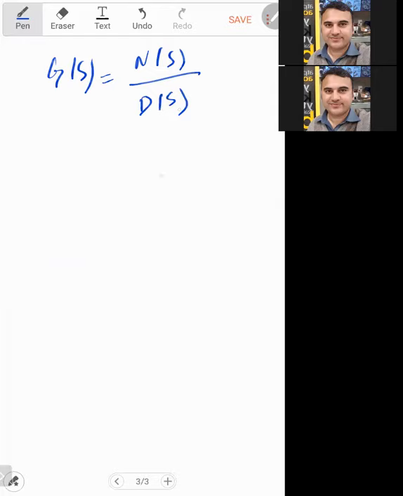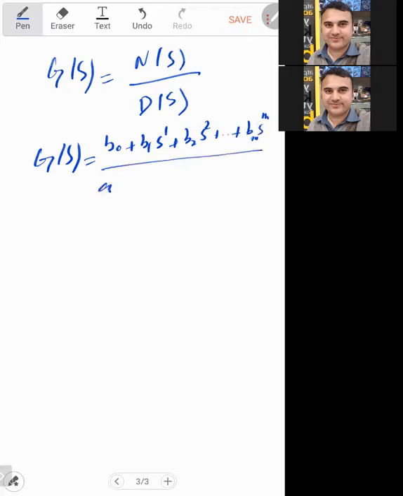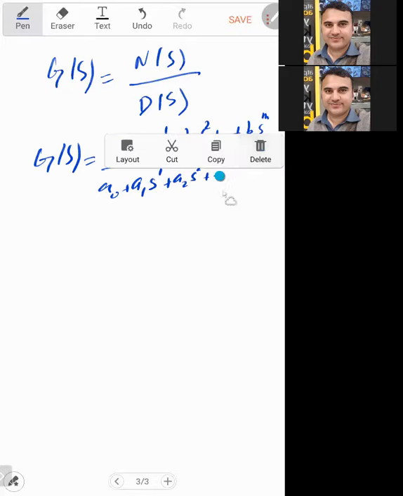So N(s) is a polynomial, and D(s) is also a polynomial. Writing this in terms of polynomials, this is equal to b0 plus b1 s plus b2 s squared up to bm s to the power m, divided by a0 plus a1 s plus a2 s squared up to an s to the power n.